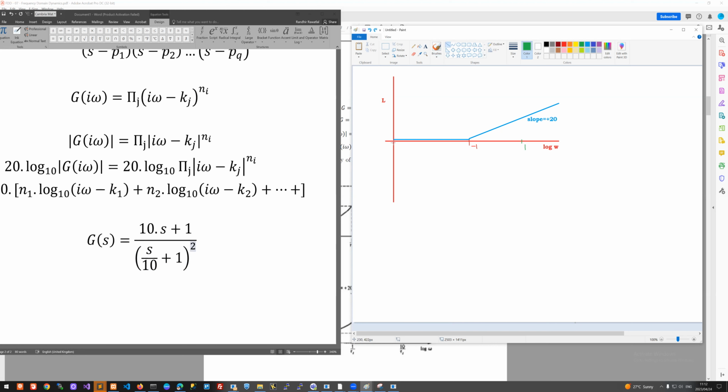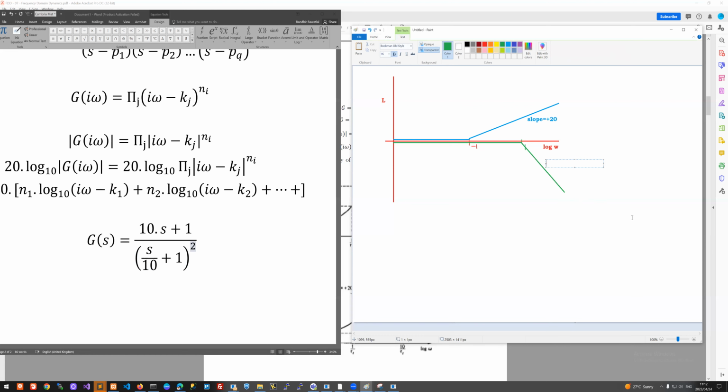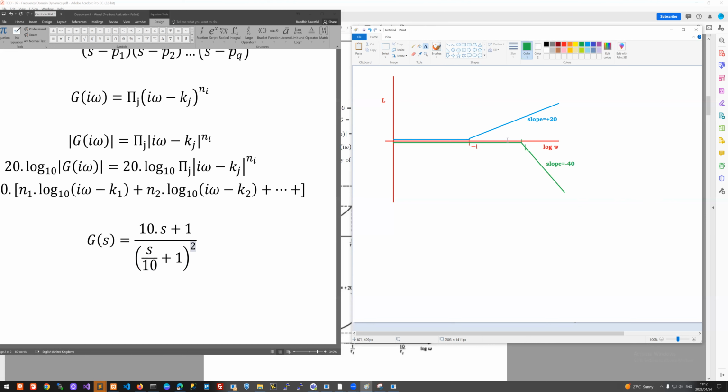And in fact, our crossover here is at 1, not at -1. So we keep going until we reach here. And then our slope now is sharper. So this is a slope of -40. So if we were to write that here, slope equals -40, right?